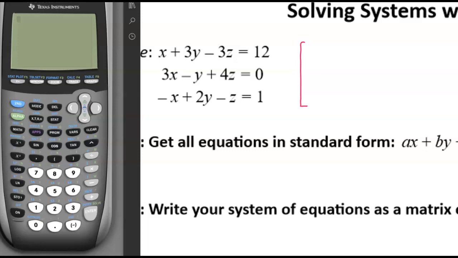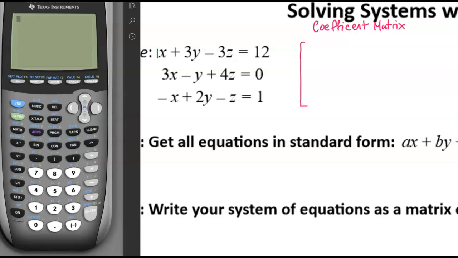Now, what is a coefficient? Very good. The number in front of the variable. So, on the x in our very first equation, what is our coefficient? An invisible 1.